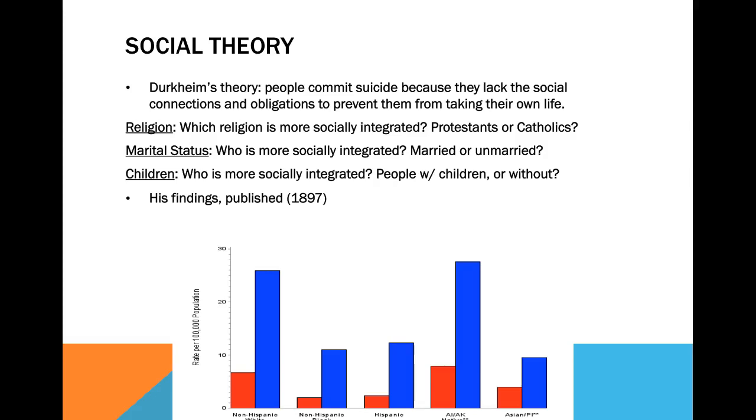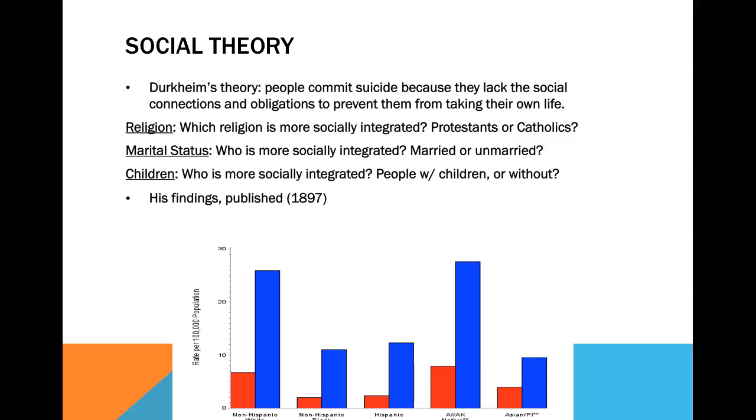Depending on which Protestant church you go to, for example, the Episcopalian church, some churches do not allow gay individuals to be ordained ministers, while another section of the Episcopalian church does allow openly gay individuals to be ministers.